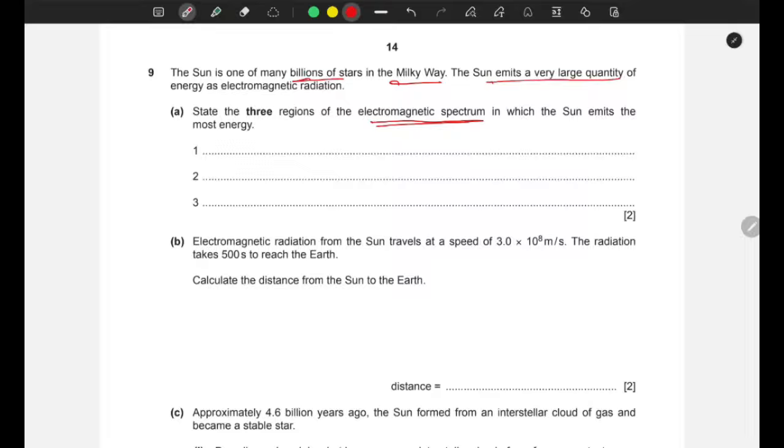From this, the first one is obviously ultraviolet rays, the second one is infrared, and the third one is visible light. So these are the three regions of the electromagnetic spectrum in which the Sun emits the most energy.